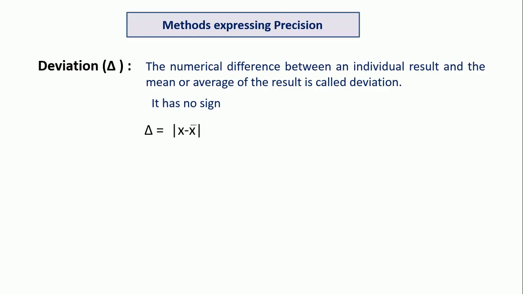So delta is equal to x minus x bar. Here x is the value of an individual result and x bar is the mean value of the results. So simply calculate the mean value, and then take the difference between the mean value and the individual value; that is called deviation.